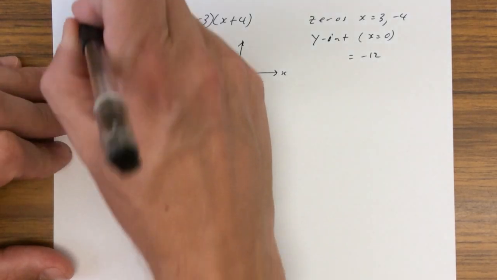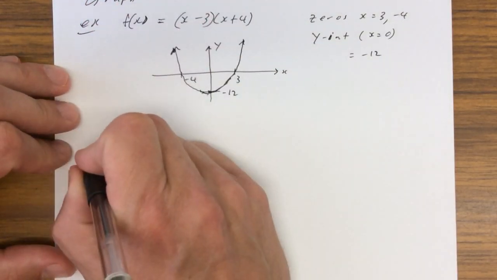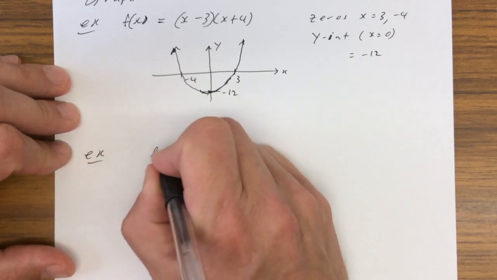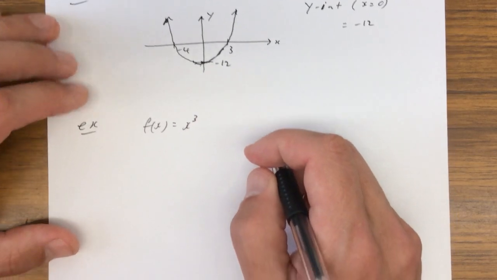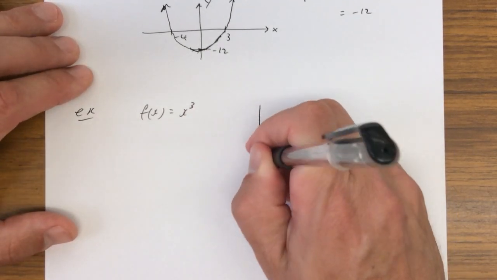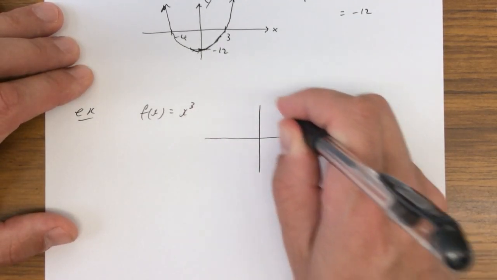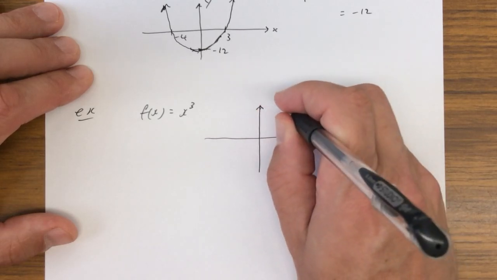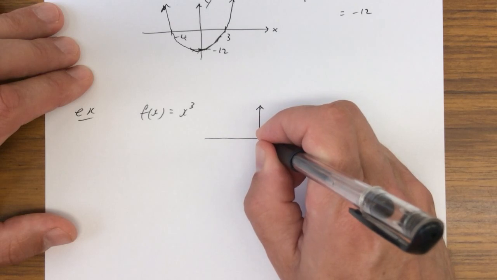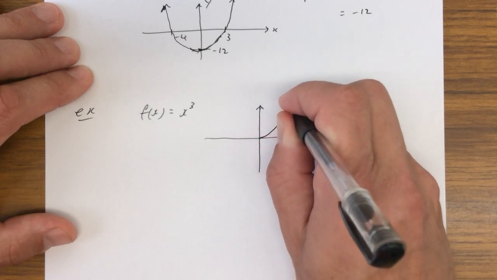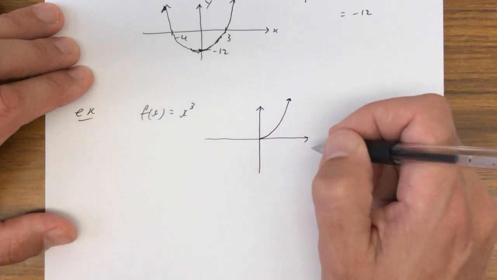Now, what about another example here? Let's do a basic function f of x equals x cubed. Well, we should remember what this one looks like. If you don't, it's like this. When you cube positive numbers, they just get bigger, just like a quadratic, just faster.